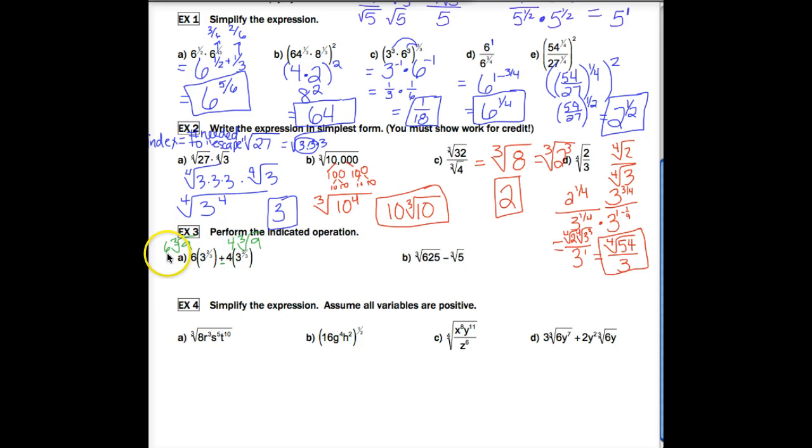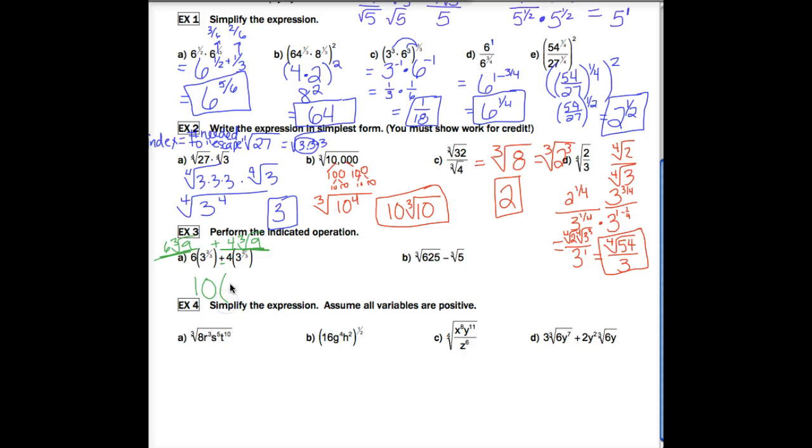If you have 6 cube roots of 9 and you want to add 4 cube roots of 9, we've done that before. When you are adding and subtracting radicals, you have to have the exact same radical. So the index is the same, the underneath is the same, which means these are like terms. I have 6 of them. I want to add 4 of them, so all I do is make that 10 of them.